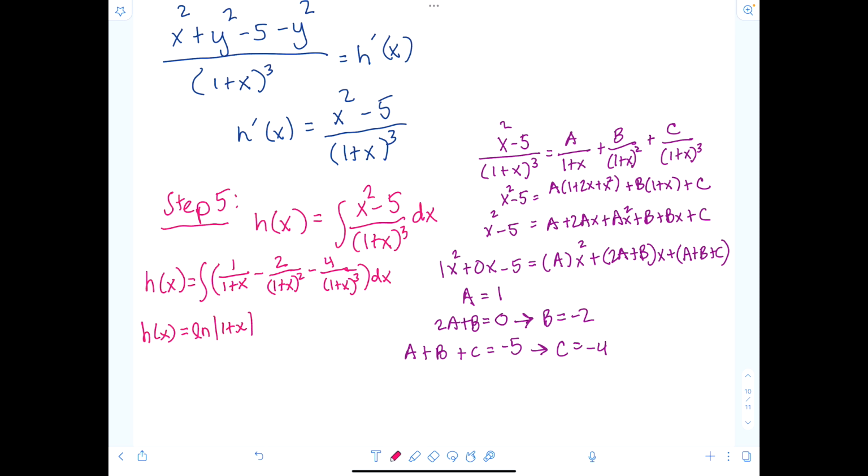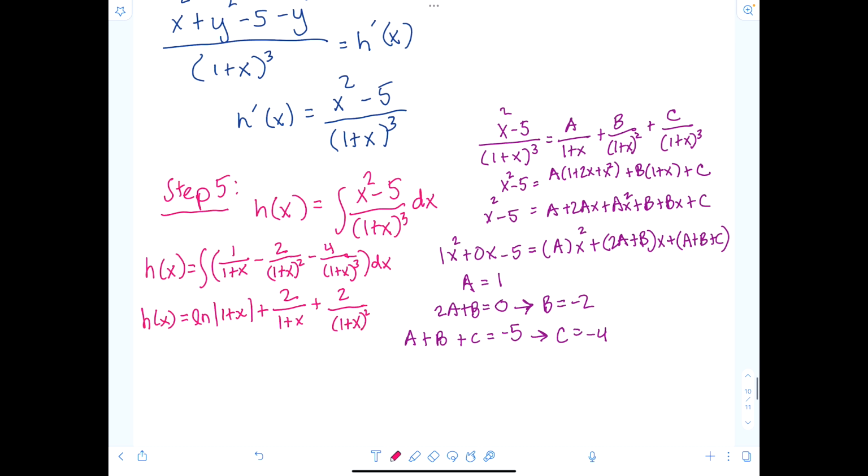And then we will have minus, let's see, we're going to increase the power by 1, which would be negative 1, and then divide by negative 1. So that turns to a positive, and we'll still have 2 over 1 plus x. And then similarly, we'll have a positive coefficient of 2 with 1 plus x, the quantity squared, in our denominator.